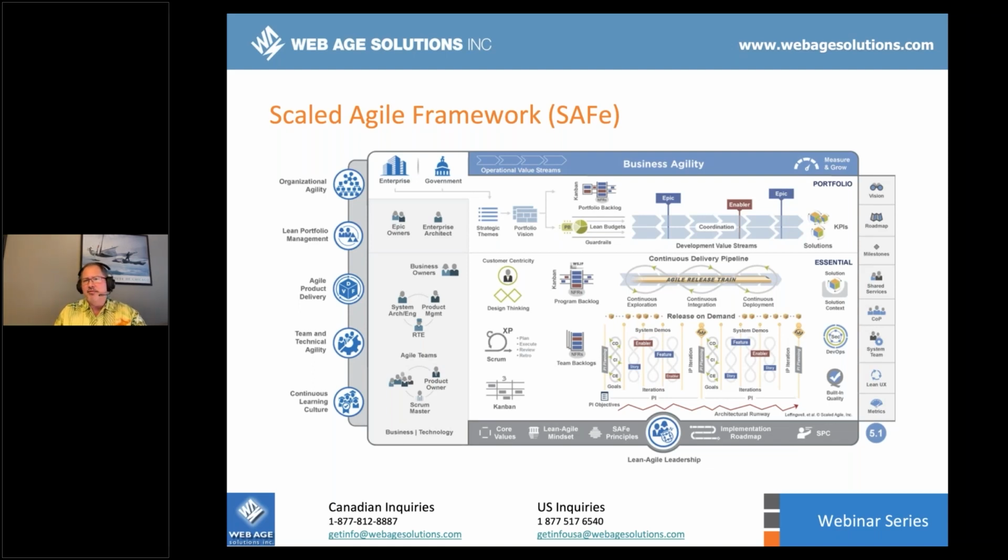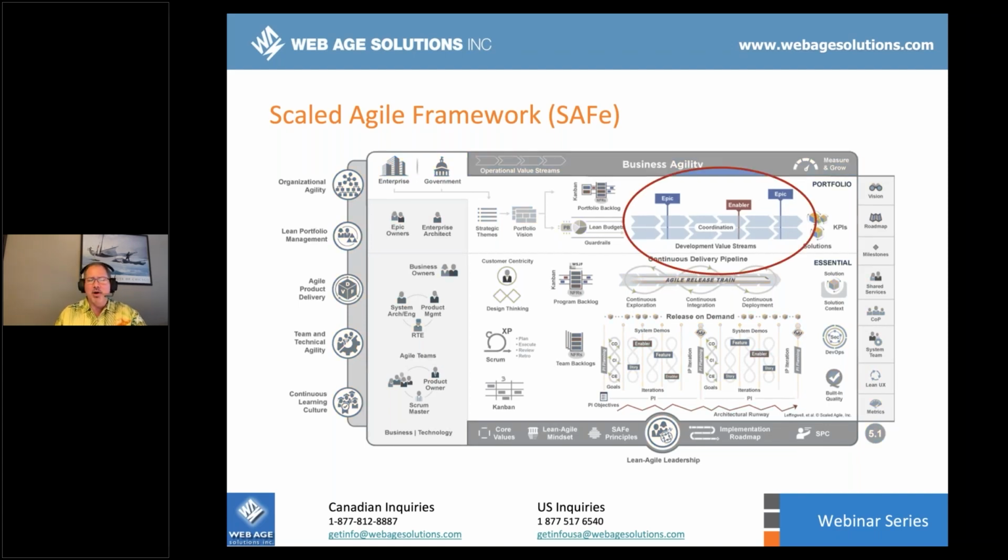And the parts that I want to focus in on here are just a couple of these. One is up here, part of the lean portfolio management stream. That's about how you determine what it is that you're doing and coordinate the activity. And you deliver the activity through the continuous delivery pipeline, or what a lot of people will call the Agile release train.